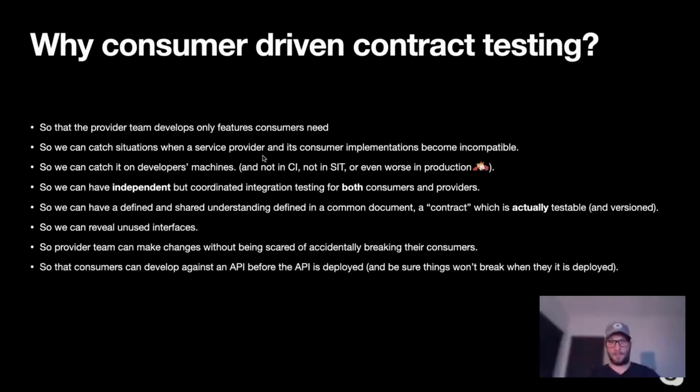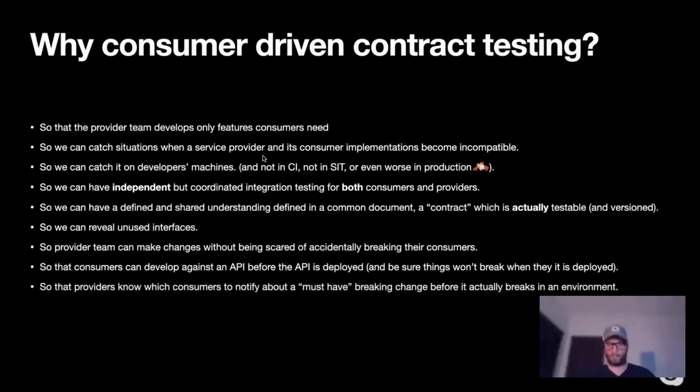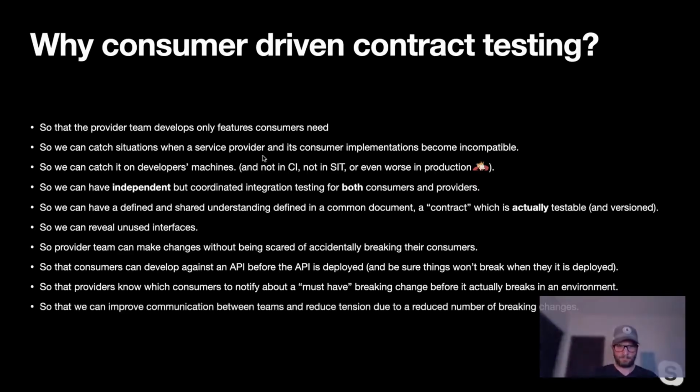Consumers can develop, so for instance, iOS app developers can develop against an API, actually running the network calls and testing that before APIs are deployed. We can do that with stubs, but this one's actually shared. So the providers know which consumers to notify about breaking changes, the thing that I was mentioning before.